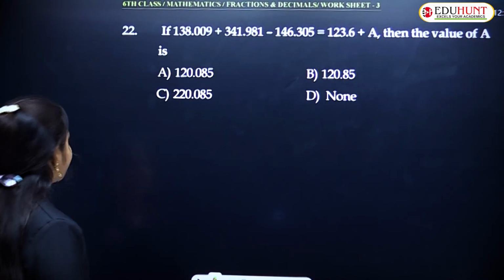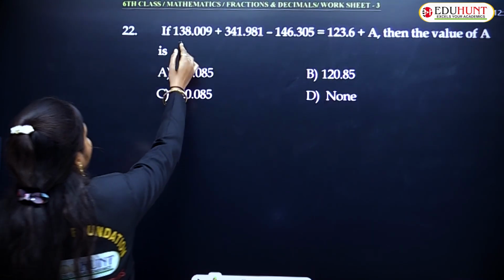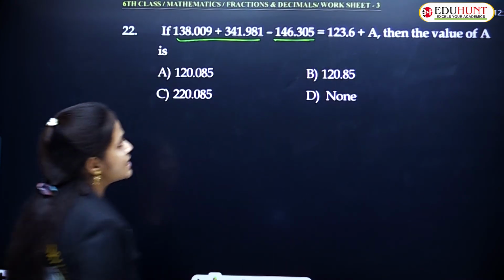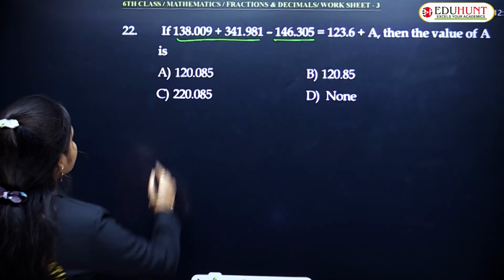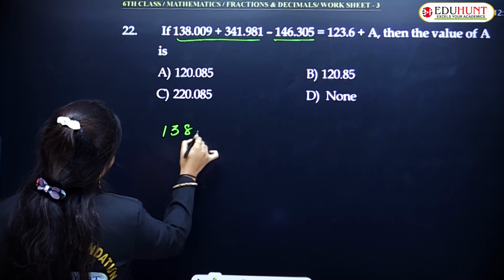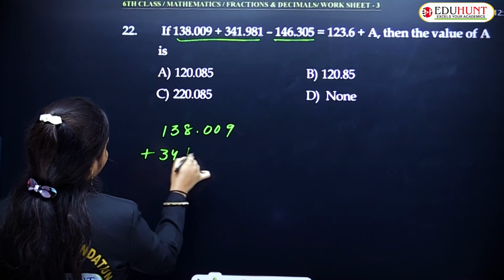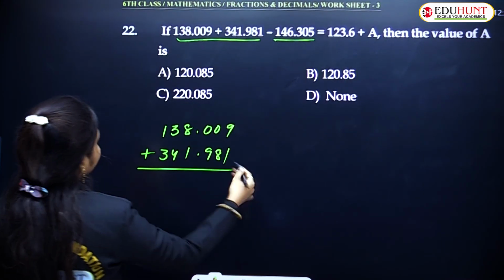Yes. Next, the 22nd one, what is that? This is also just like the previous one. Here first you have to add these two numbers, and from that sum you have to subtract this one. 138.009 plus 341.981.